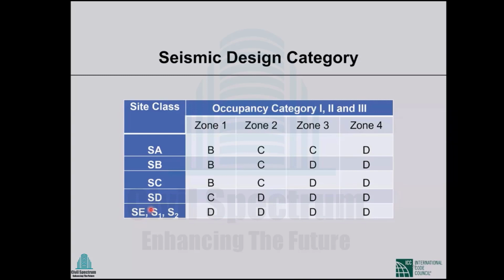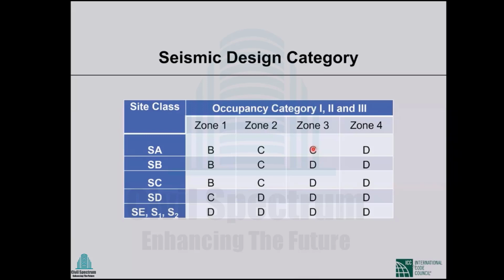Or if there is an abrupt difference in soil strength in the top layer, or if the soil is plastic soil, or liquefiable or problematic soil, then we have to design the structure as design category D. So if the soil condition is not good, we have to design a structure as SDC D. But if the soil condition is good, then we can design a structure as seismic design category C. In case of Chittagong, things are quite different.